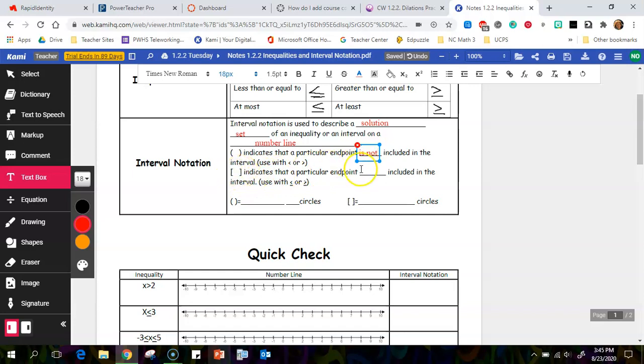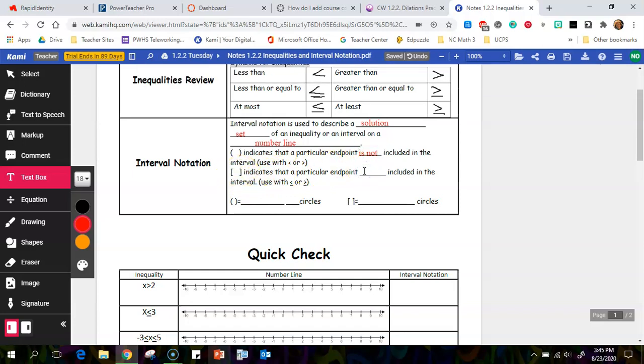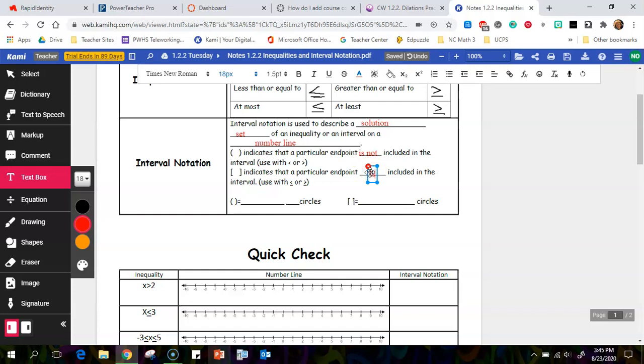Brackets indicate that the endpoint is included in the interval, and we use this with the ones that have the equals under it. We use the parentheses with any intervals that have just less than or greater than, but don't have the equals under them.